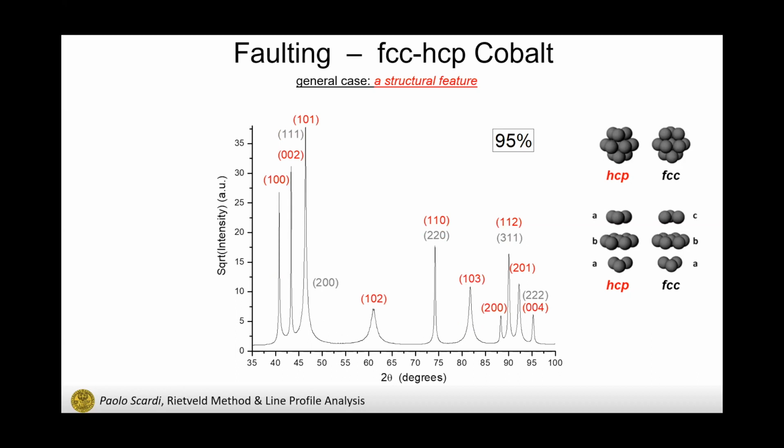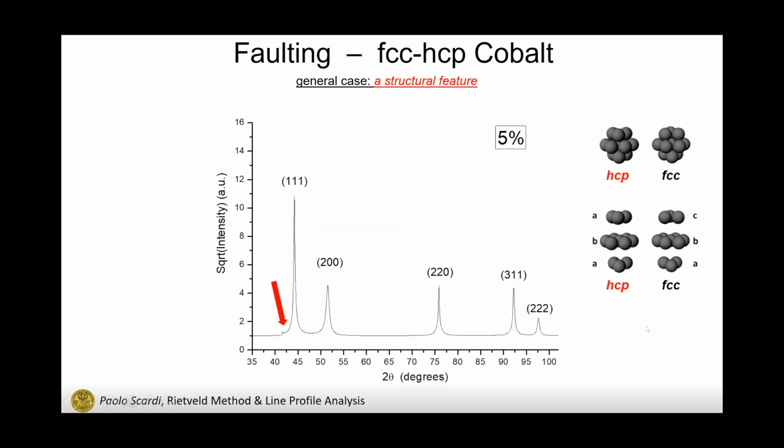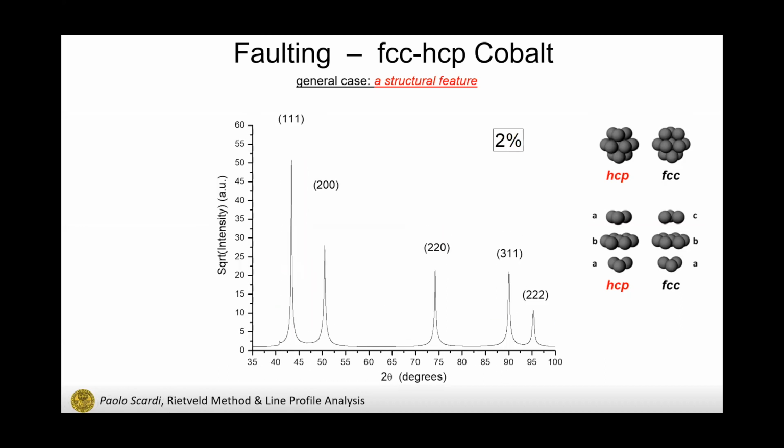And that's it. So this is to say that ultimately, a Warren-like approach can only be used for systems where stacking faults are diluted in a low percentage. The effects are mainly those of broadening, asymmetry, profile shift, as we have seen, down to 1 or 2% of faulting. This is where you can use that approach.